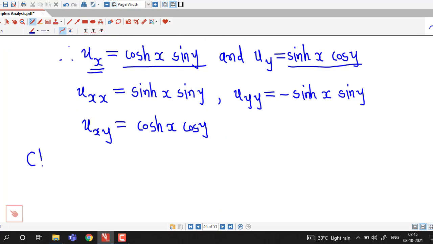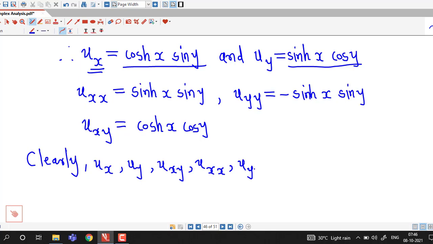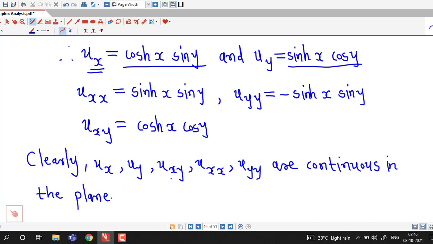So first condition is satisfied, we can write clearly, del u by del x, del u by del y, and all these second order partial derivatives u_xx, u_yy, u_xy are continuous in the complex plane. Here the domain in which these functions are continuous is whole xy plane or whole complex plane, or we can simply write all these are continuous in the plane.